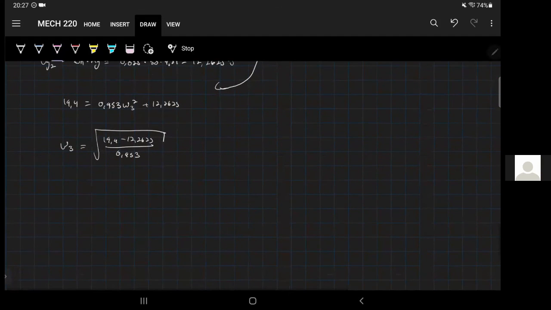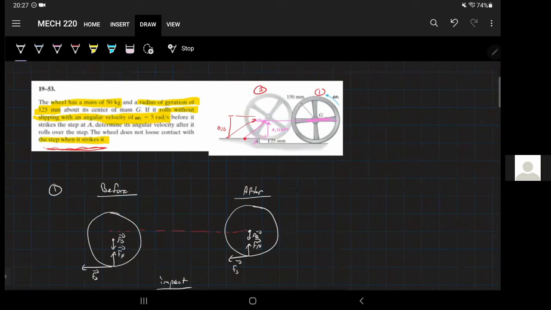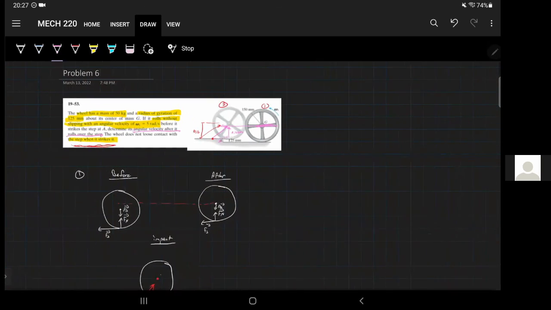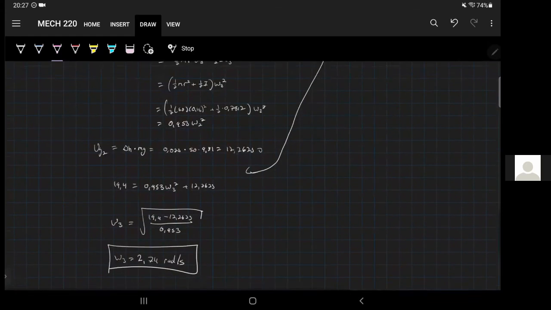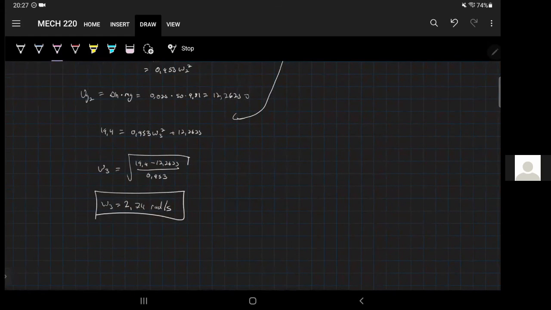I'm going to do it now. And this gives an answer of 2.74 radians per second, which is the final answer because that's what they're asking. They asked about the angular velocity after it rolls over the step. And so, yeah, this is how you solve this problem.